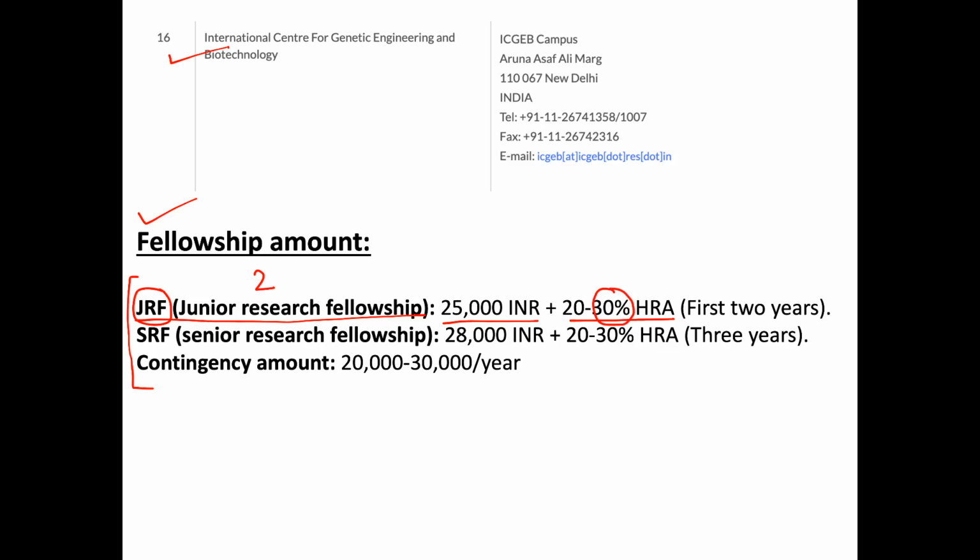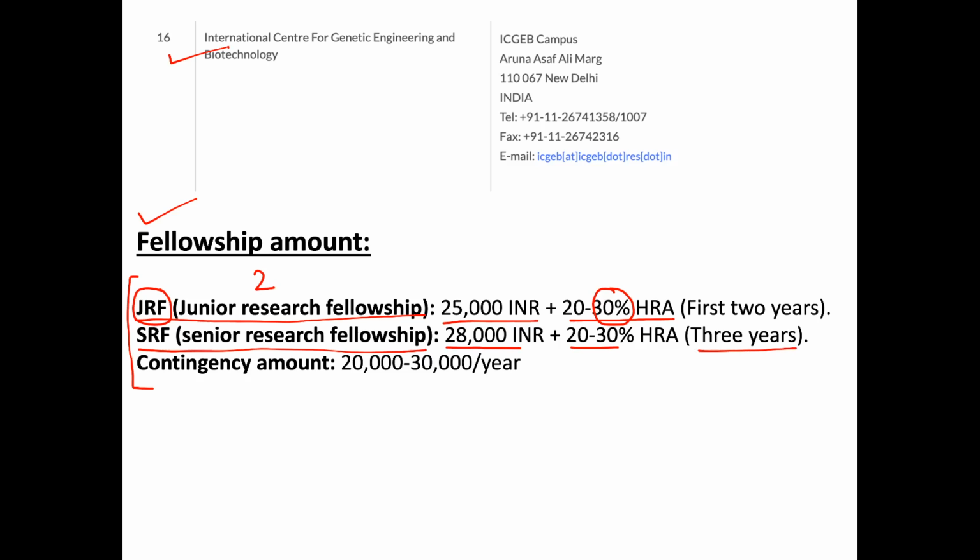Next, after 2 years, with a formal interview conducted by the institute in which you are working during your PhD, you get promoted to Senior Research Fellow, and you will start getting a senior research fellowship for the rest of the 3 years, and that amount is 28,000 plus similarly 20 to 30% HRA, again depending on the city you are working in.